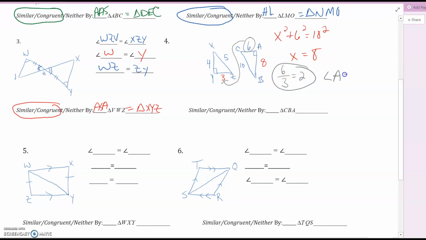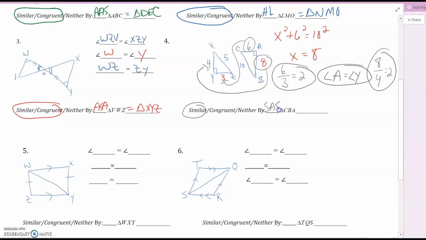Angle A is equal to angle Y. And then 8 goes to 4. Okay, so these are not congruent because I have a different scale factor. These would be similar by side, angle, side.